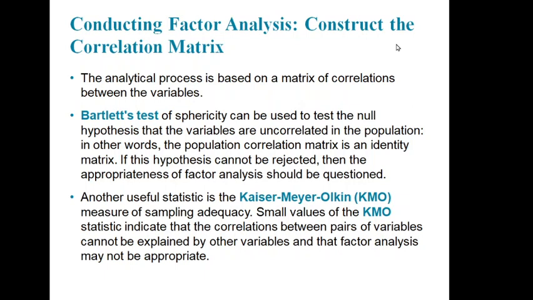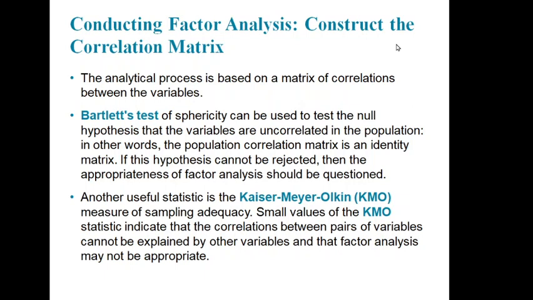If you have a very highly correlated result, that means there is something wrong with the analysis. You cannot conduct factor analysis on that particular data set. That is the overall interpretation from Bartlett's test of sphericity.